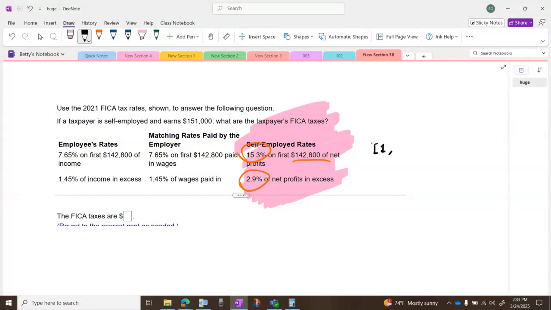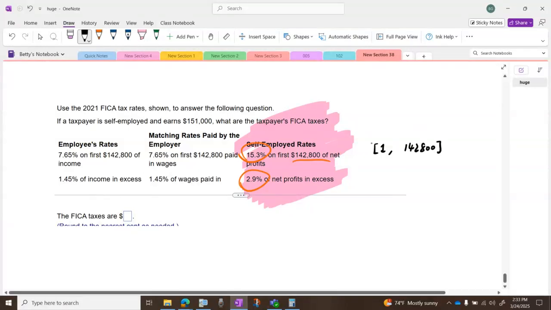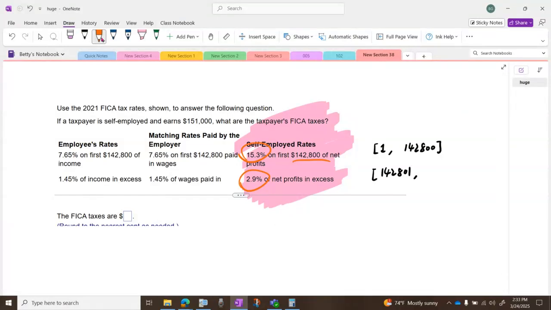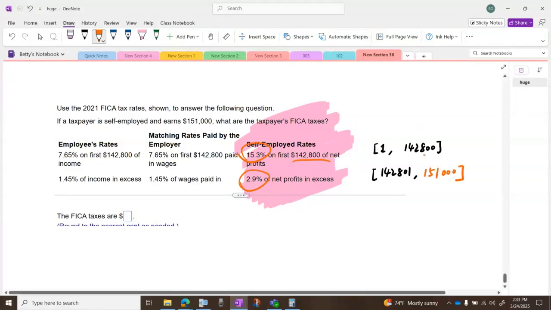From the first dollar to $142,800, and then from $142,801 to the maximum of the second bracket, which we modify to be the taxpayer's gross income, $151,000. The first bracket, 15.3%. The second bracket, 2.9%. Okay, so two buckets.